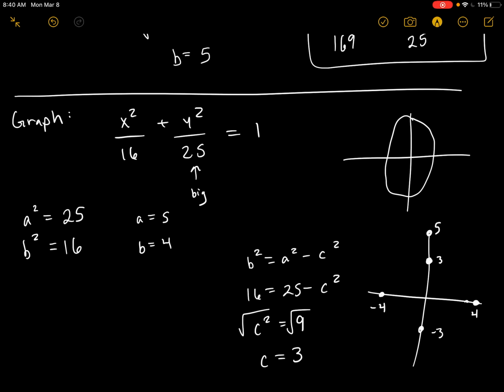And then A is the distance from the center to the vertex. So that would be 5, and then that would be minus 5. So our ellipse is going to look something like that. So not a perfect circle, a little bit stretched out, but by identifying A, B, and C, we can graph the important terms, and that's going to allow us to solve.